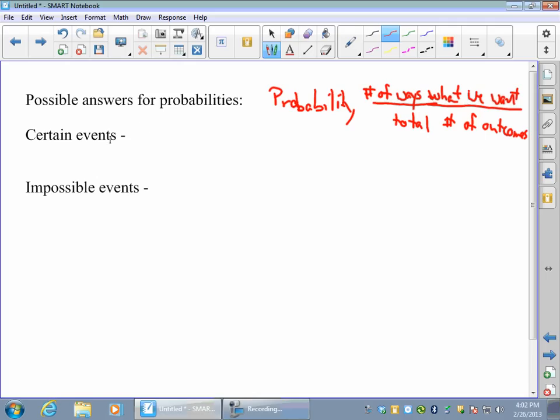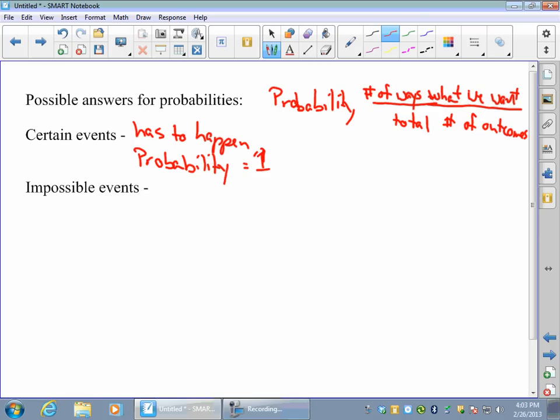Okay. So we have two special cases. We have things we call certain events and things that are impossible events. A certain event is something that has to happen. And that means the probability of that event will be 1.